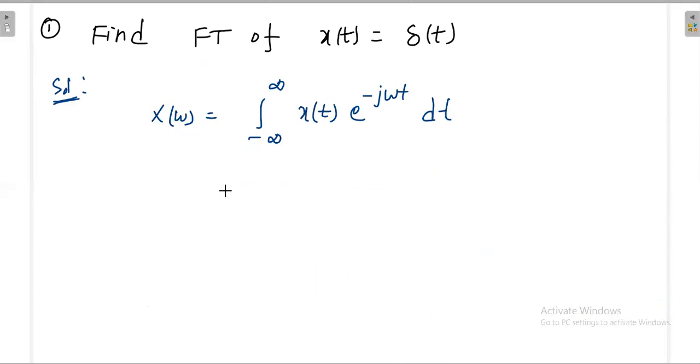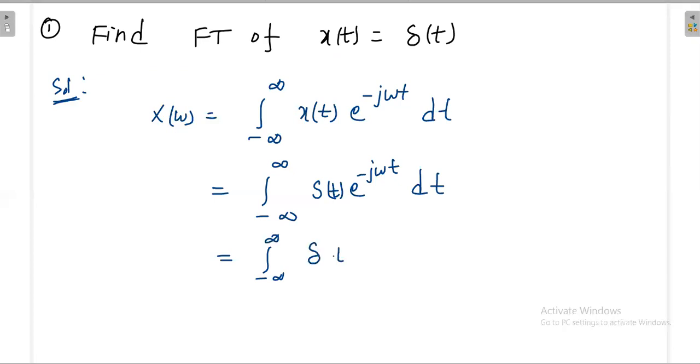Substituting, we get the integral from minus infinity to plus infinity of delta t e power minus j omega t dt. Whenever an impulse and another signal are in multiplication, delta t means delta of t minus 0.